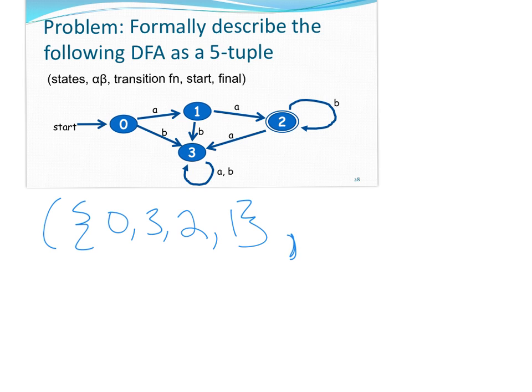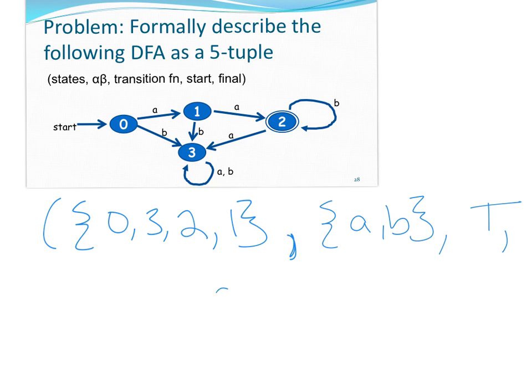The second element of the 5-tuple is supposed to be the alphabet. This DFA is over the alphabet A, comma, B. The third element of my 5-tuple is my transition table. I'm just going to write a big T for now, and we'll fill that in a minute. And the next element of my 5-tuple is the start state. It's a single state, so no set symbols.